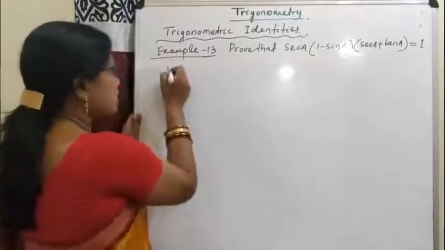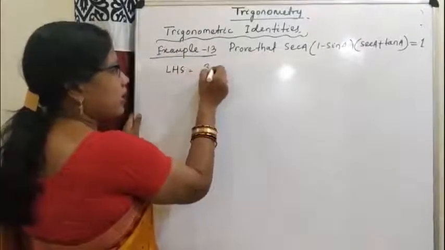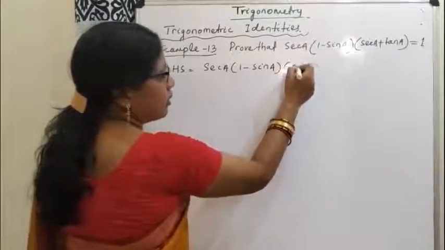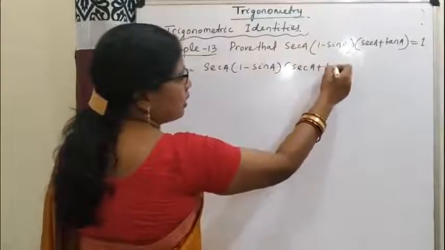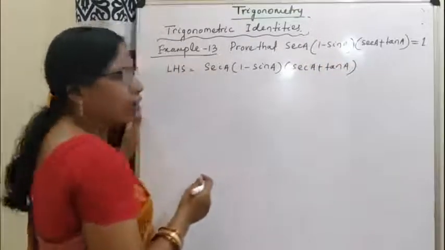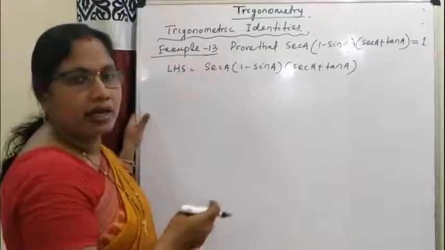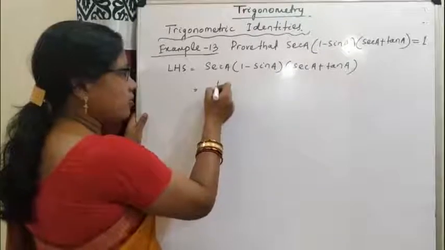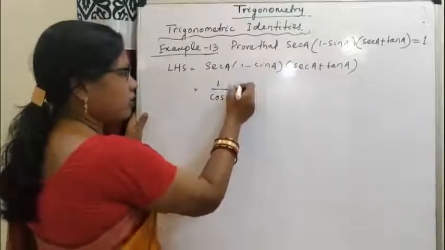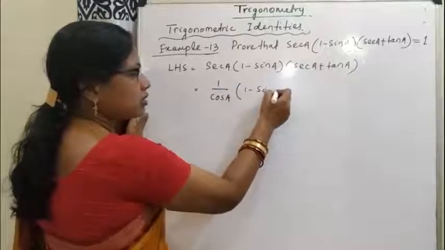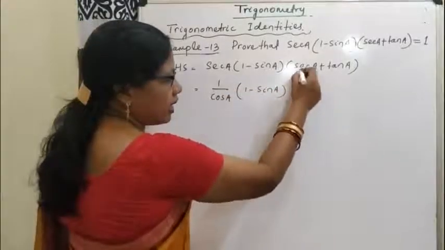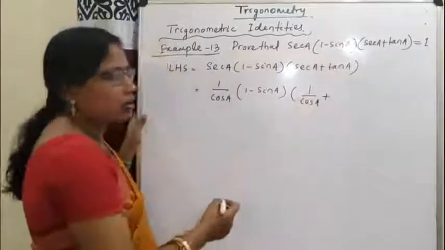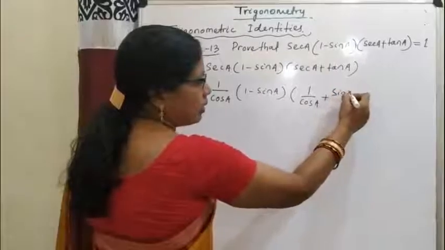So our LHS is sec A multiplied with 1 minus sin A multiplied with sec A plus tan A. So we have to convert sec A and tan A into the form of sin A and cos A. So this is equal to sec A is 1 by cos A, multiplied with 1 minus sin A, multiplied with sec A is 1 by cos A plus tan A is sin A by cos A.